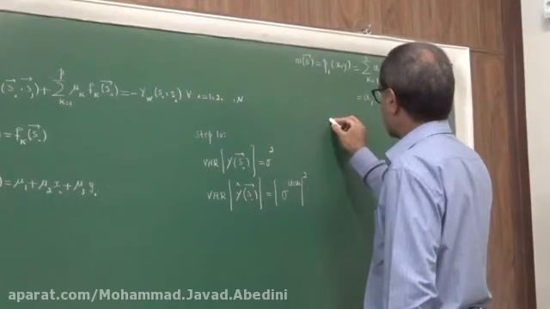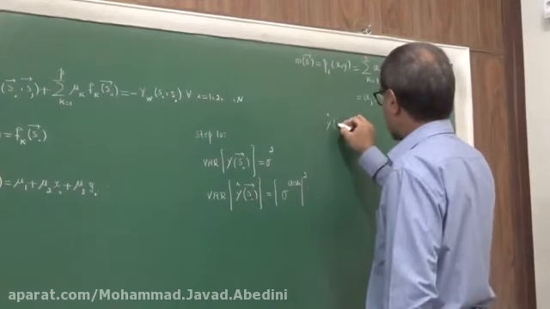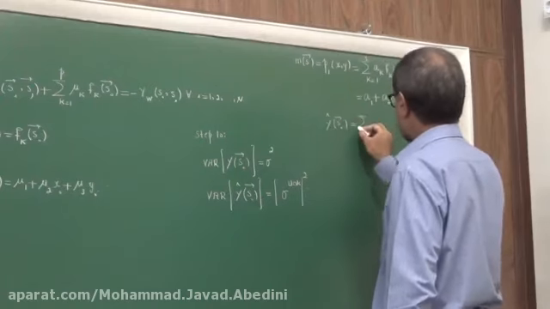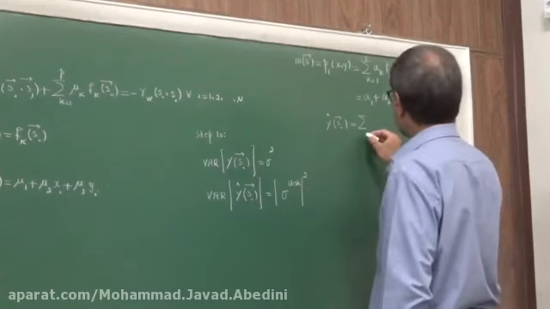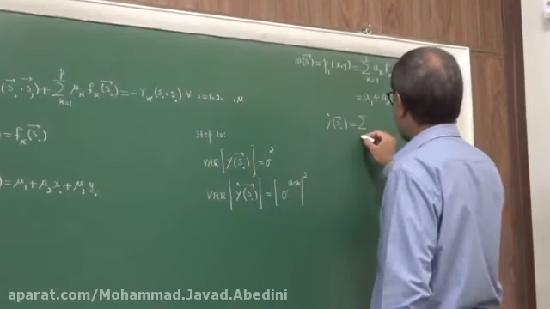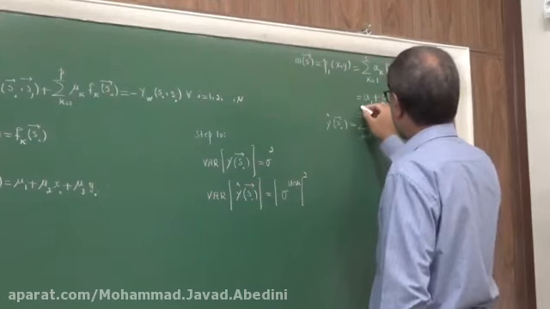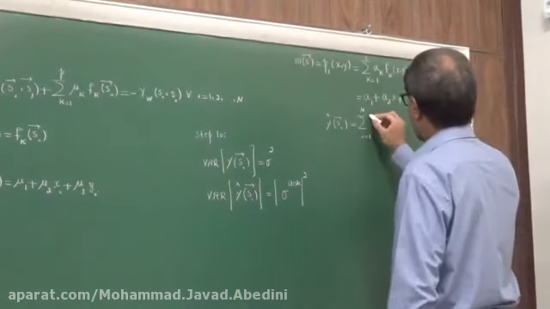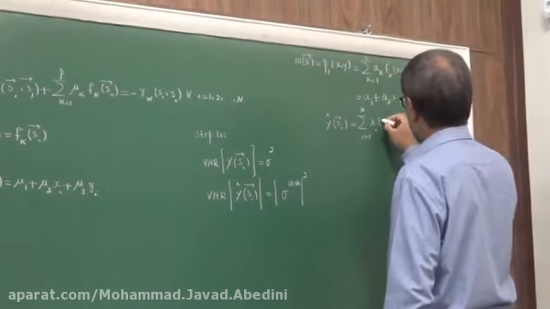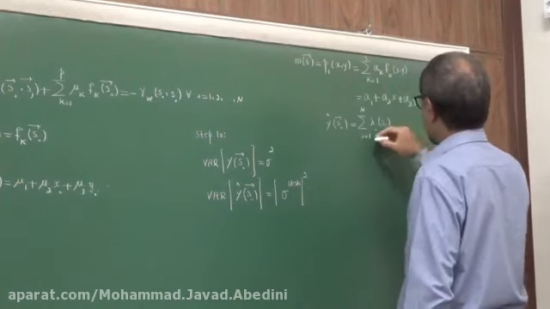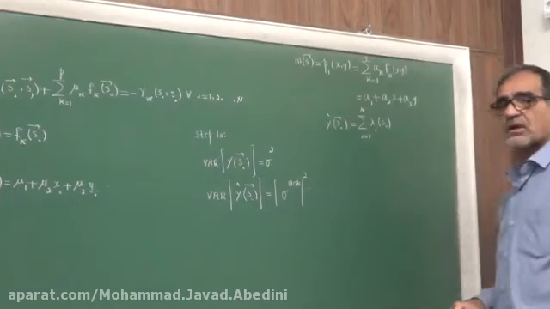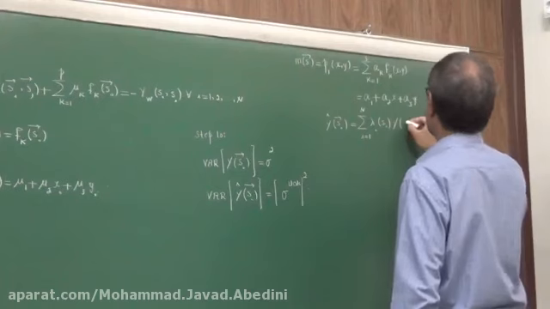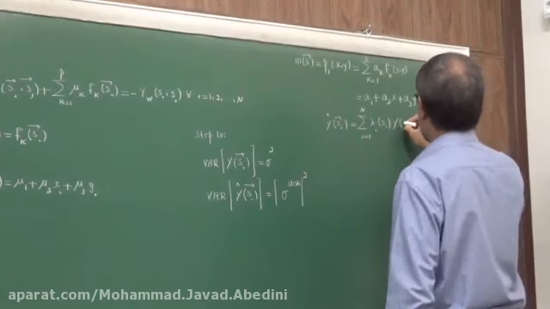Y hat at the generic point S0 can be written as summation over i from 1 to n of lambda i, which is a function of S0, multiplied by y at S i.